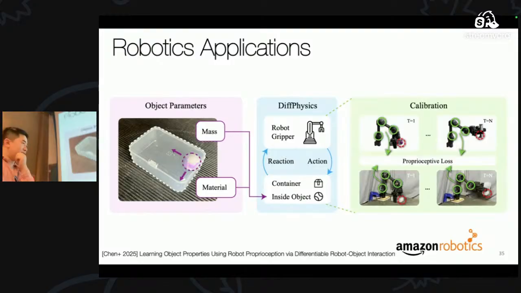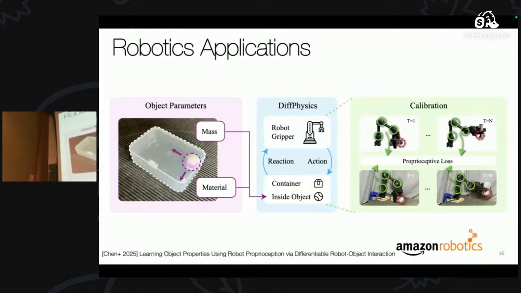More recently, we've been applying the same approach: from a video, you recover the material parameters, how soft or how easily fractured something is. But now we do this in a robotics context, where instead of a vision signal, we use proprioception signals, essentially how much force the robot feels on its joints.